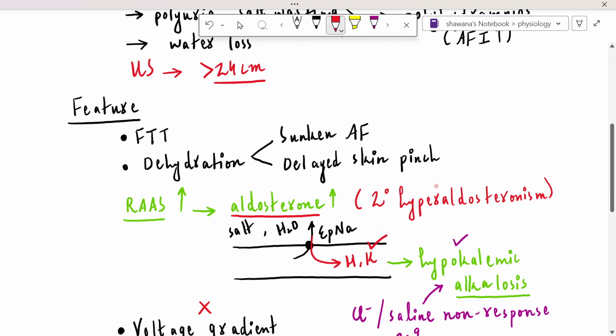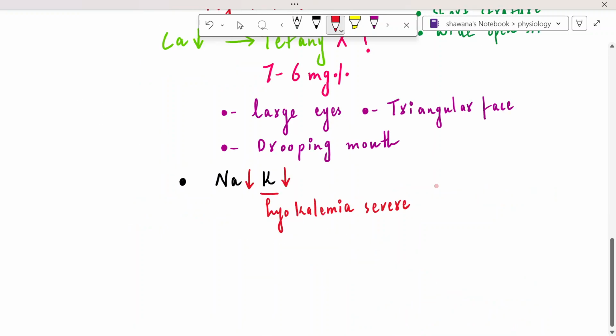So in Bartter syndrome, the hypokalemia component is more severe than in Gitelman syndrome. That is very important to remember, because in Gitelman syndrome the only source of potassium loss is the effect of aldosterone. No potassium channel was affected; it was just the sodium chloride channel that was affected.